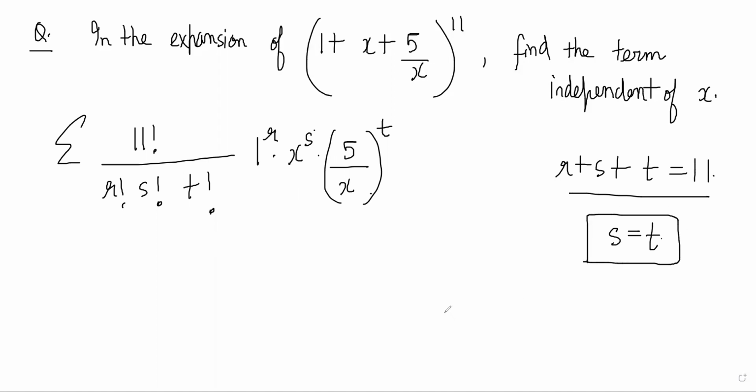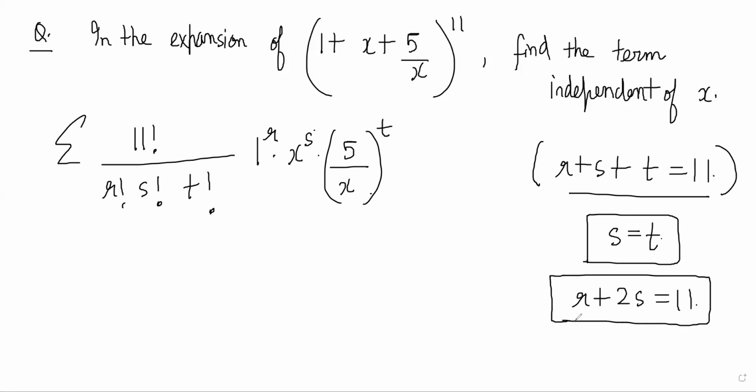Okay. So there will be many possible ways to do that. So basically, technically, the solution is r plus 2s equal to 11, right? Since s is equal to t, we can write r plus 2s is 11, right? Right. So r and s are integers, so you can't have r as 0 because then 2s is equal to 11 makes no sense.